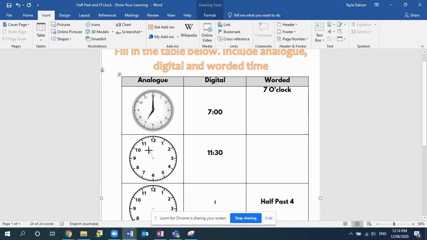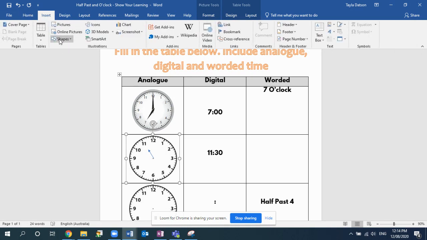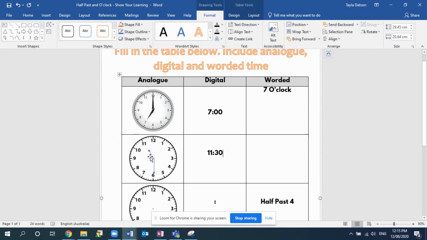And I'm going to draw my small hand, which is my hour hand, facing at the 11th hour. And I'm going to grab another arrow to show that it's 11:30 and see how I've made it really clear that one hand is a small hand and one hand is a big hand. And in here I'm going to write half past 11.